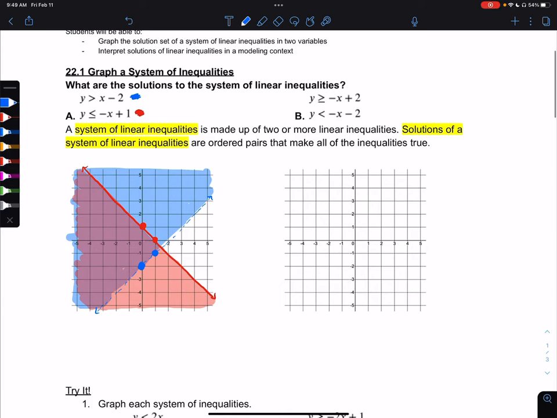You also could, instead of shading both of them, draw a really rough sketch like this, and then shade only the shared region, this region here. If you're going to shade the solution, you can do it as this little sketch, that's fine.